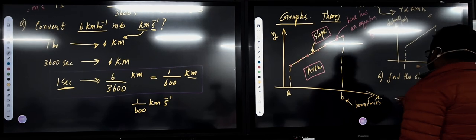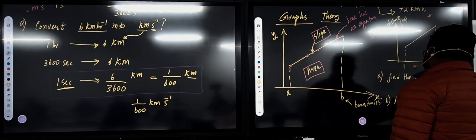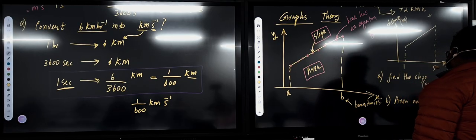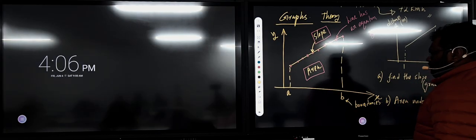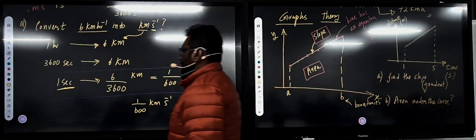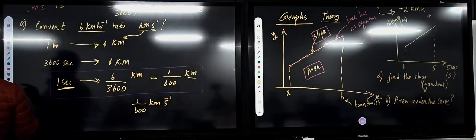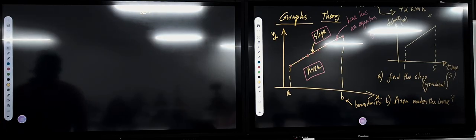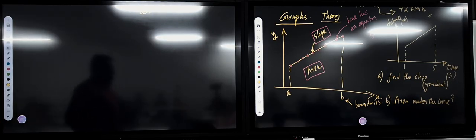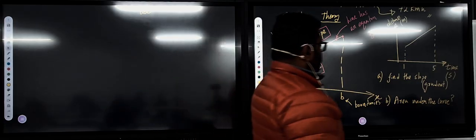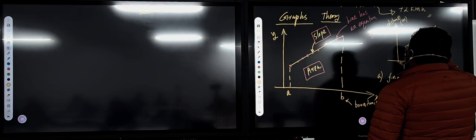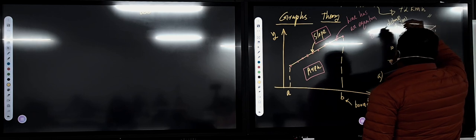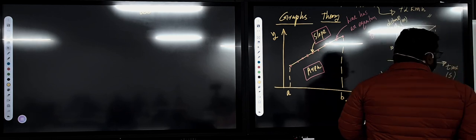A, find the slope. B, area under the curve. I need to give you these details. Suppose this is going to be 10. Suppose this is going to be 50 meters.